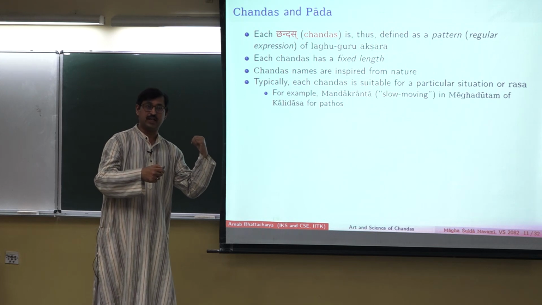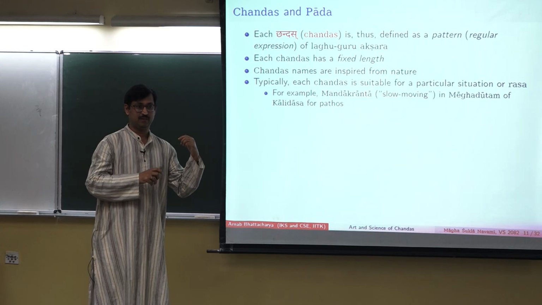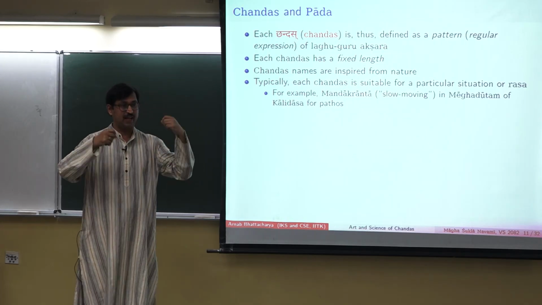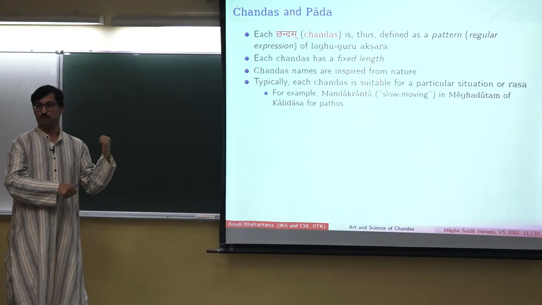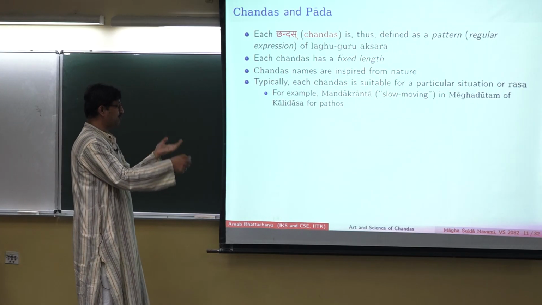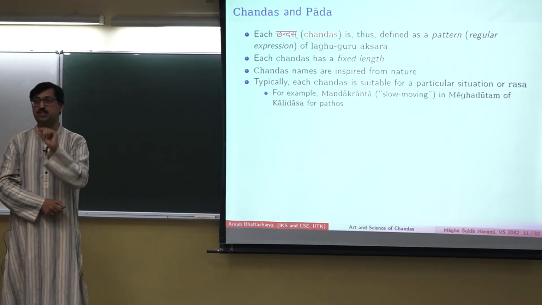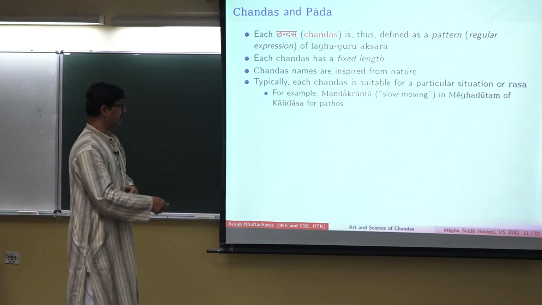There, if you use this Jata Kataho thing, it doesn't sound right. Jata Kataho gives you energy, right? It feels like I'm doing something. Not when you are under sorrow. So of course, there is no hard and fast rule, but you see that there is a meaning to each chanda. And then there is a rasa for each chanda.